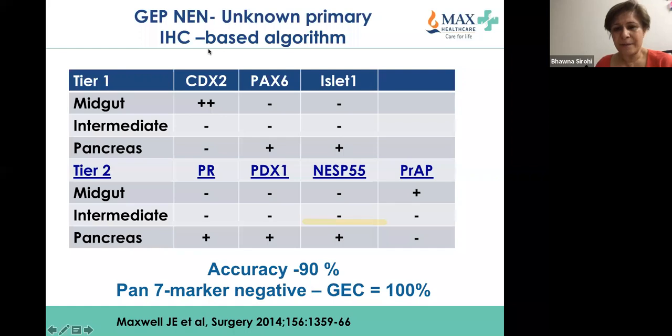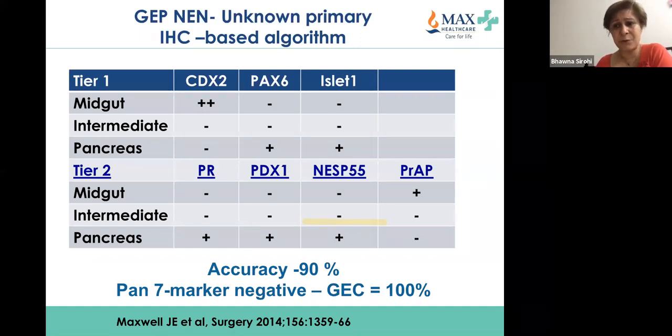So why is finding the primary important, whether the primary is in midgut or pancreas? It's important because there are some studies, even though they're not randomized, to show that if the primary is resected, then the patients tend to have a better outcome. Or it's possible that if the primary is in the midgut or jejunum or duodenum, not much area to grow, then patients may need a resection and may present with obstruction.